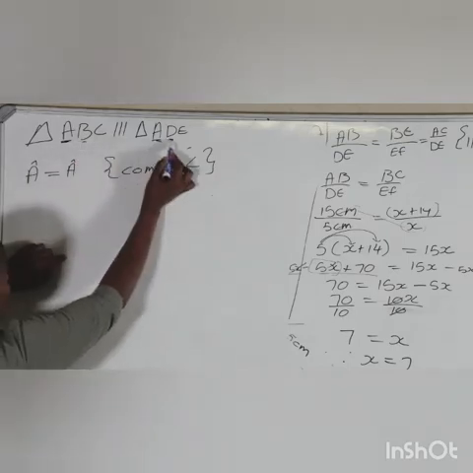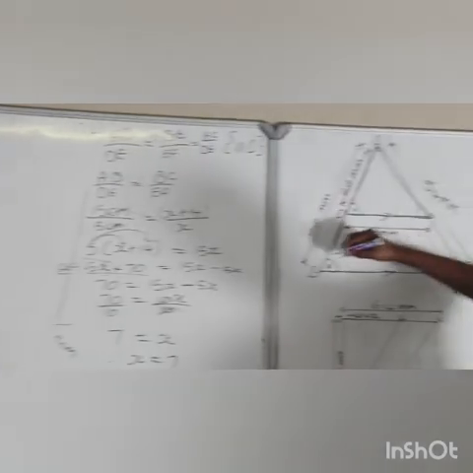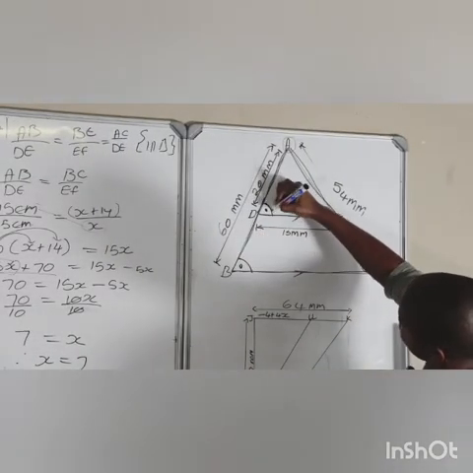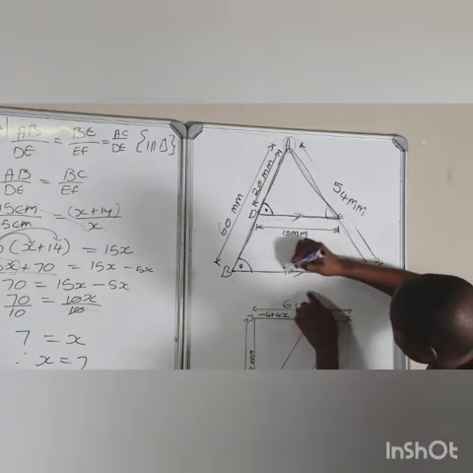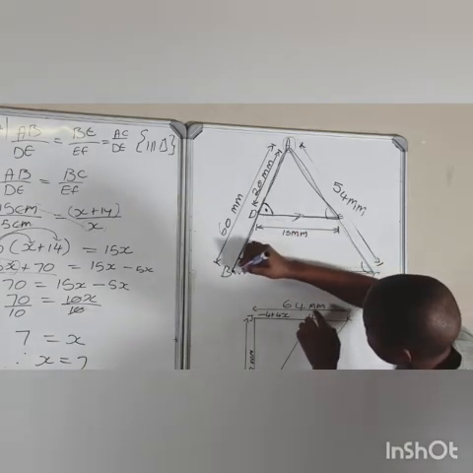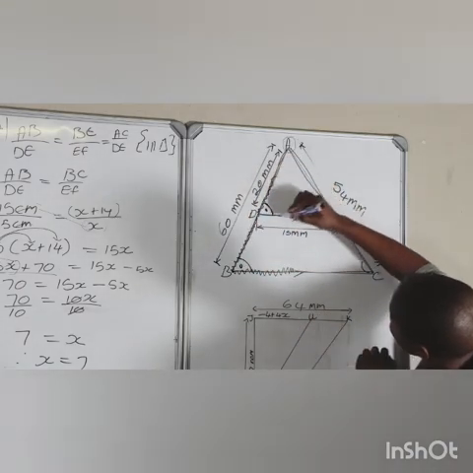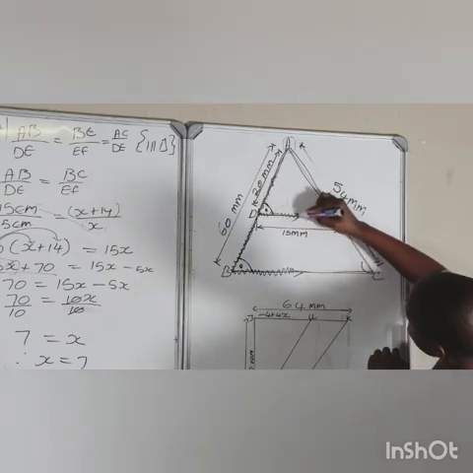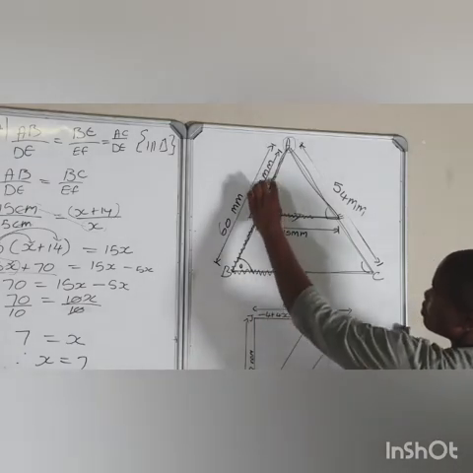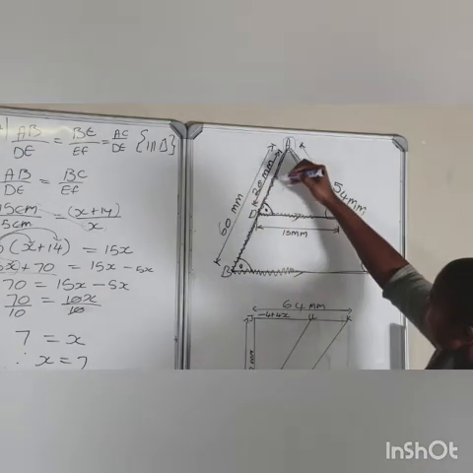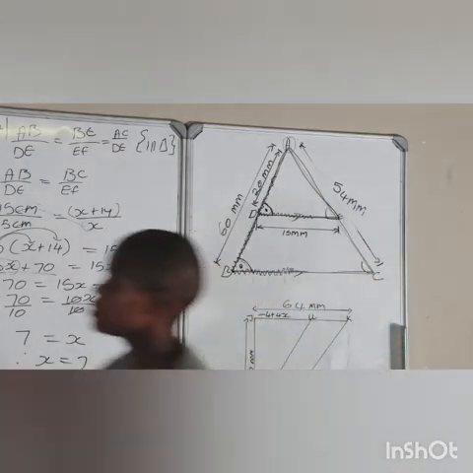B and D. I've indicated that these two lines are parallel, and then we have angles there. In grade 8, we used to say they form the letter F. Do you see the F that is upside down? So this angle and this angle are equal.